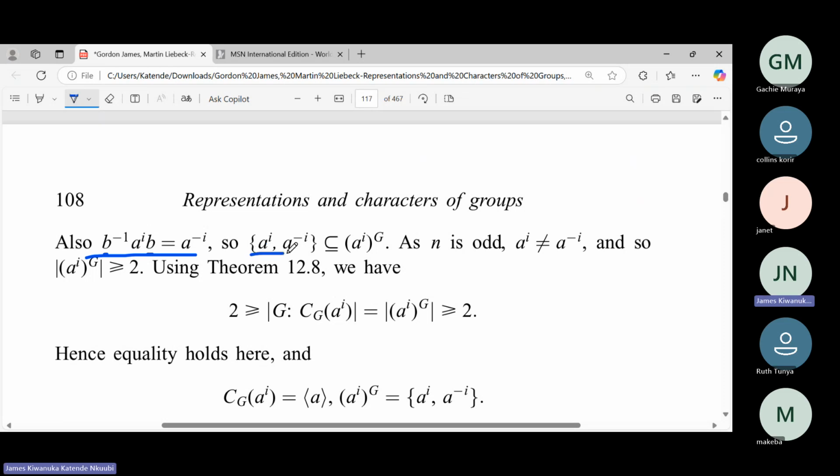So it has exactly 2 elements. So these 2 elements are a subset of the conjugacy class of a^i. Now, since n is odd, there's no element that's its own inverse. It's not possible. No element would be its own inverse since n is odd. I hope that makes sense. If it doesn't, you should ask so that I explain further.